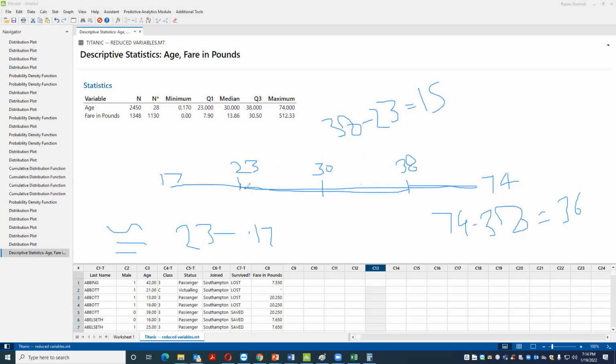Top 75% is 74 minus 23. So basically all the questions I ask are related to these numbers. If it is related to fare in pounds, you have the minimum, maximum, Q1, median, and so on. Is it making sense?